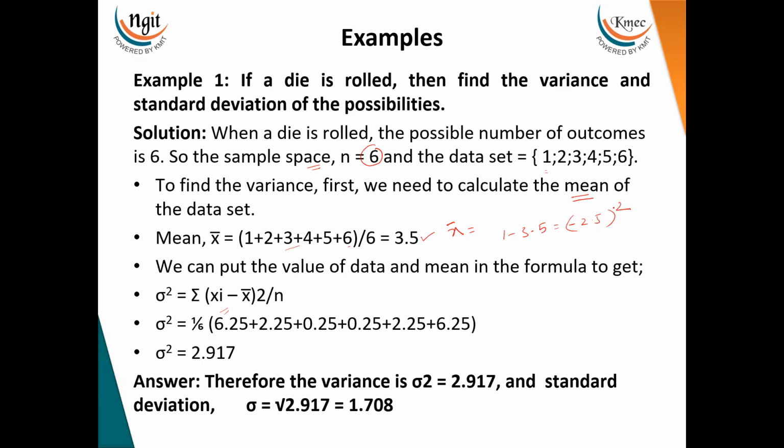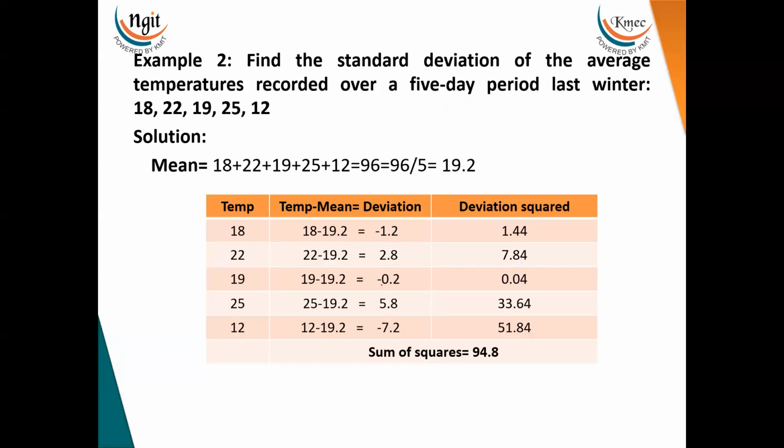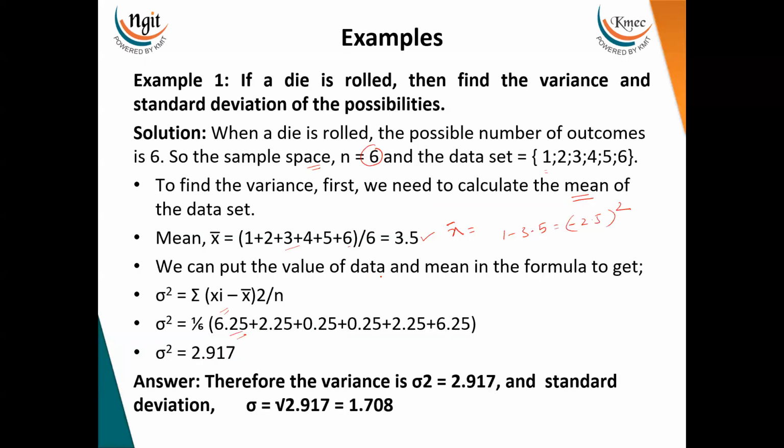If you square it, we get this term. Similarly, 2 minus 3.5, squared. Like that, we are going to square each of the terms, and that is divided by n.